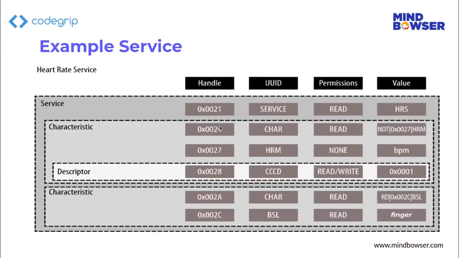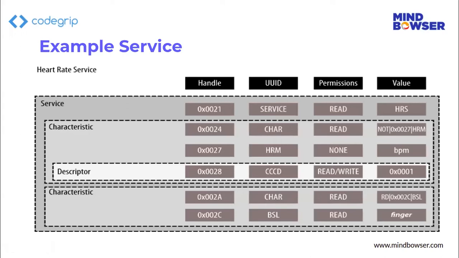Now here is an example service, a heart rate service. In that there are four attributes: handle, UUID, permission, and value. The service has two characteristics here. The handle is a unique identifier, which we can consider doesn't change; it holds a unique value. The UUID covers the service UUID, characteristic UUID, and profile UUID.